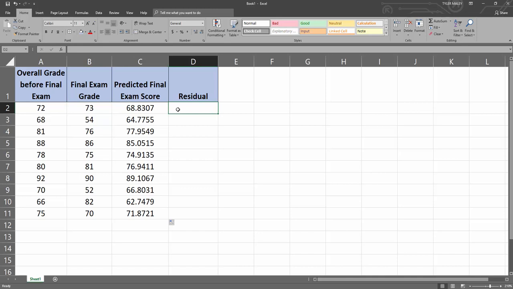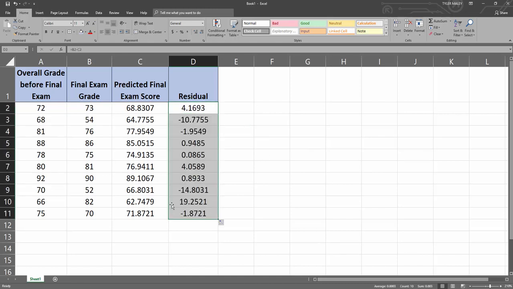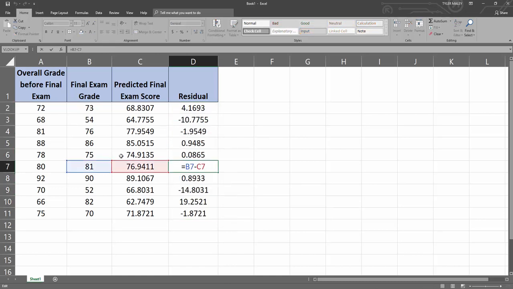So if I want to calculate the residual, I'm going to take my observed minus my predicted. I can just fill this down, and if I double click here, you can visually see that I'm taking this number minus this number, all the way down.